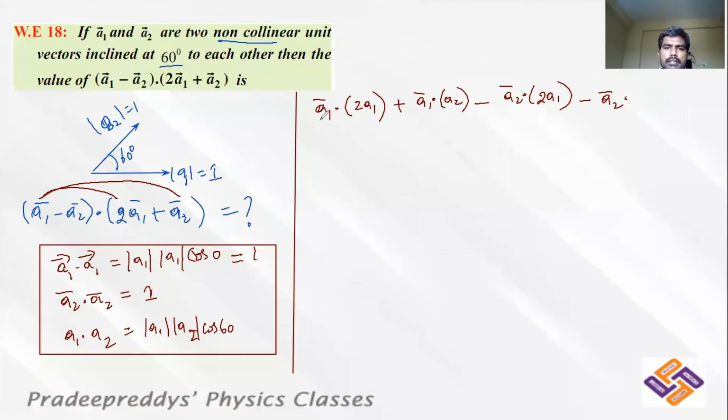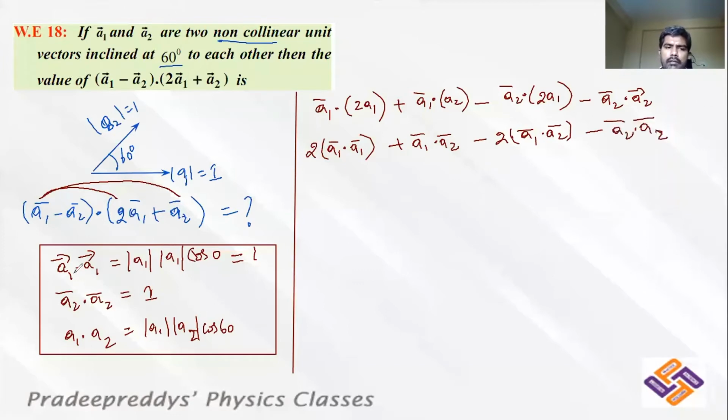This is 2 times A1 bar dot A1 bar plus A1 bar dot A2 bar minus 2 times A1 bar dot A2 bar minus A2 bar dot A2 bar.